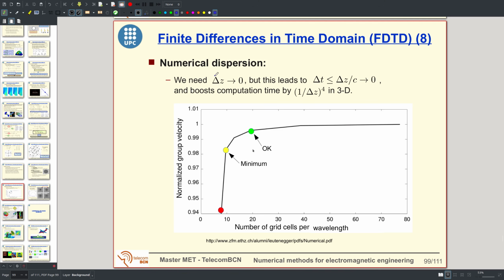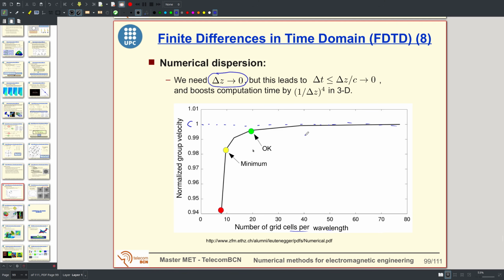The idea is that we need a very small space sampling, a very fine sampling, and we can see here the group velocity of the wave normalized by the group velocity in free space, that would be equal to c. Okay, so only for very fine sampling, this is the number of grid cells per wavelength.